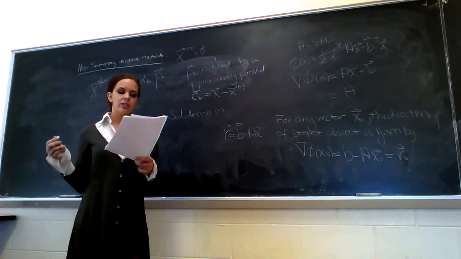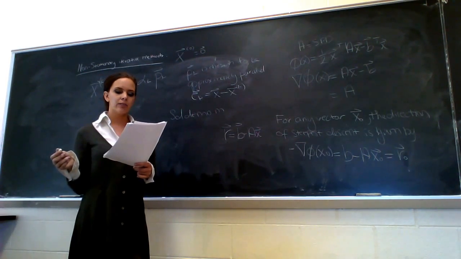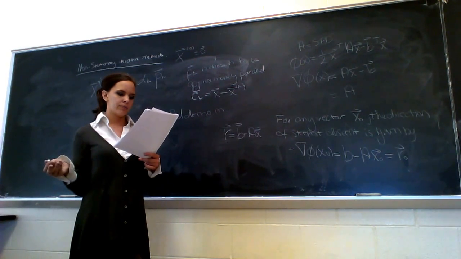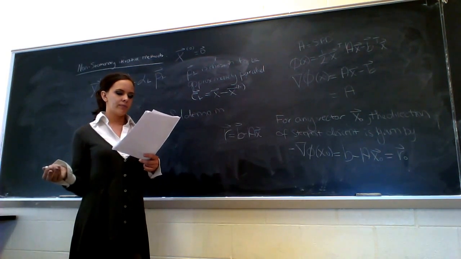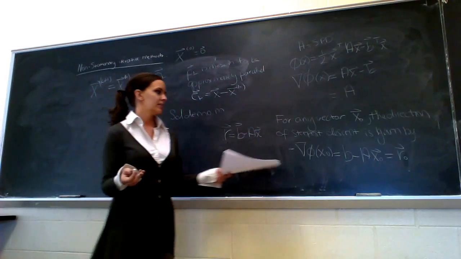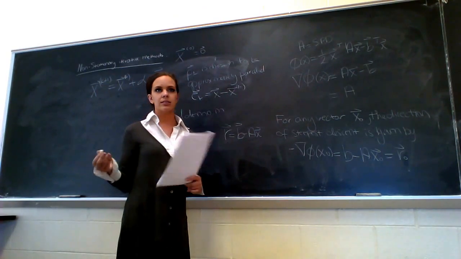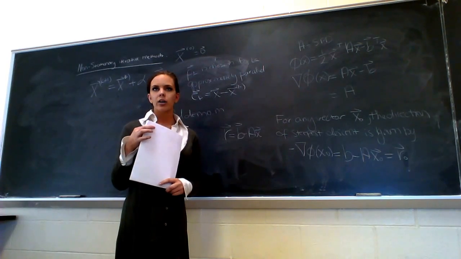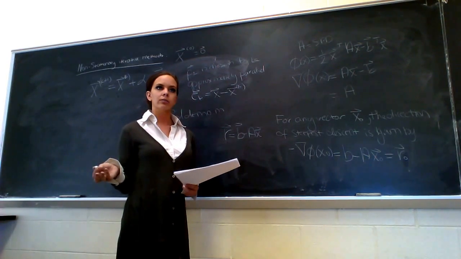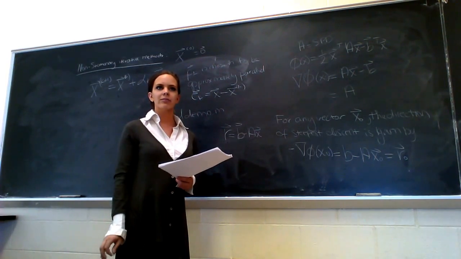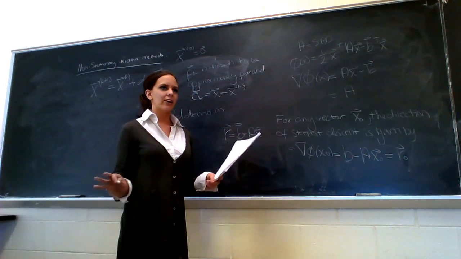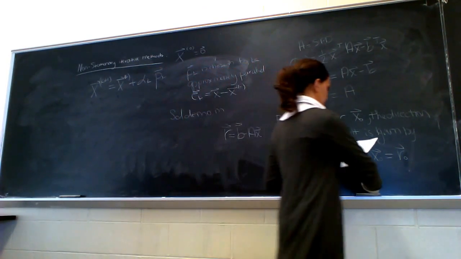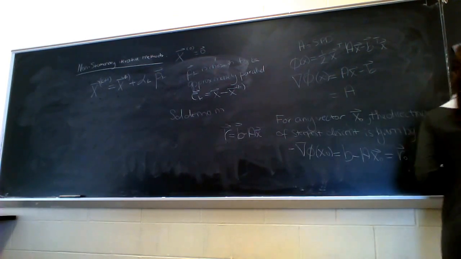So this suggests a simple non-stationary iterative method, which is called the method of steepest descent. This is actually from multivariable calculus, or Calculus 4, and depending on where y'all took it, you might vary in how in-depth you went. So now we're going to talk about the method of steepest descent.